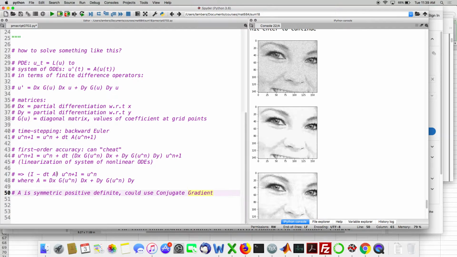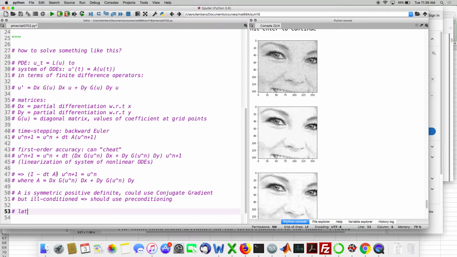And what I found was it wasn't very effective because this is an ill-conditioned matrix, so conjugate gradient would be slowed down by that. It's the sort of problem that you ought to use preconditioning for.